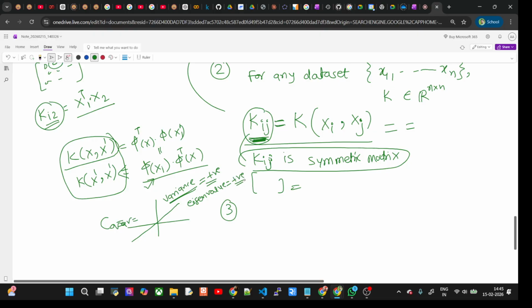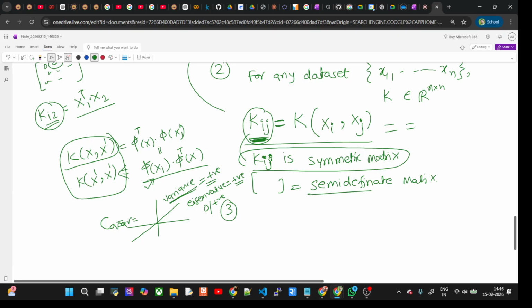So once the eigenvalue is either 0 or positive, what is the K_ij matrix? It's a semi-definite matrix. All eigenvalues of the K_ij matrix are non-negative, meaning 0 or positive values.